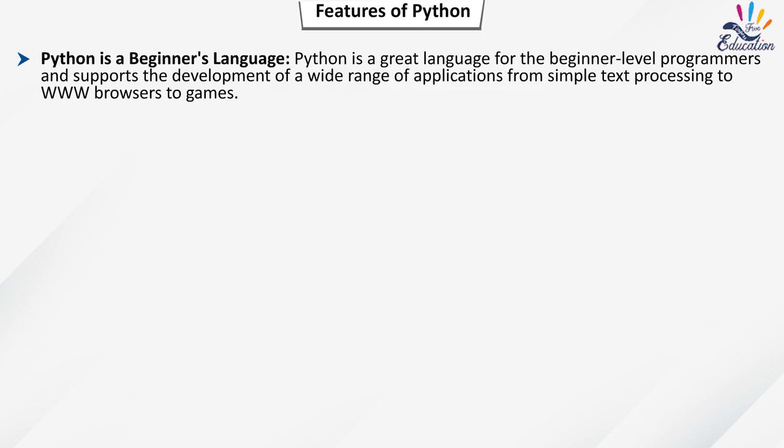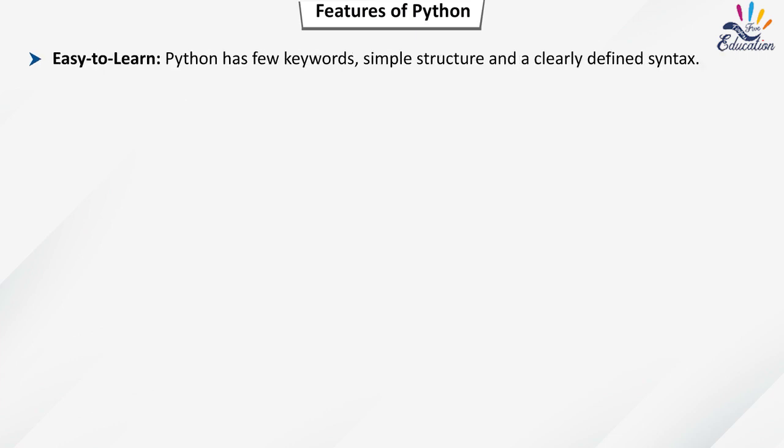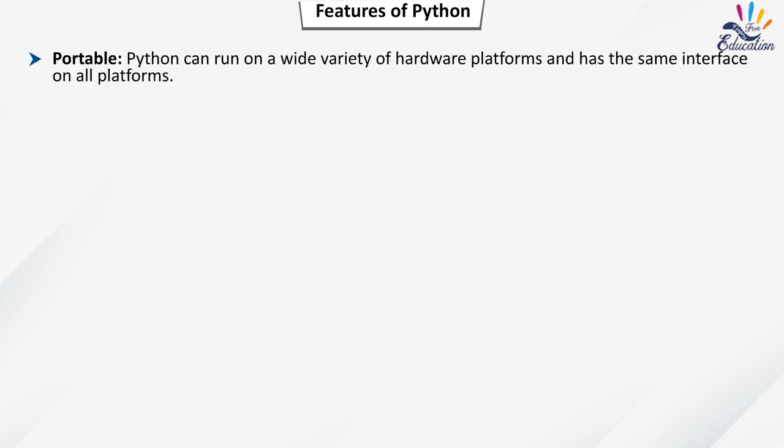Python is a great language for beginner-level programmers and supports the development of a wide range of applications, from simple text processing to WWW browsers to games. Easy to learn. Python has few keywords, simple structure, and a clearly defined syntax. Easy to read. Python code is more clearly defined and easy to read.